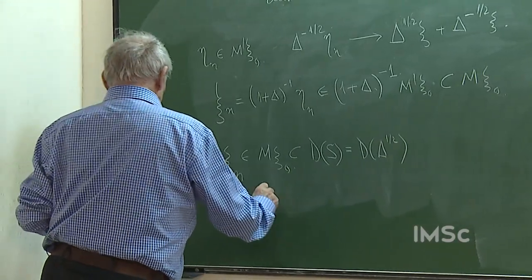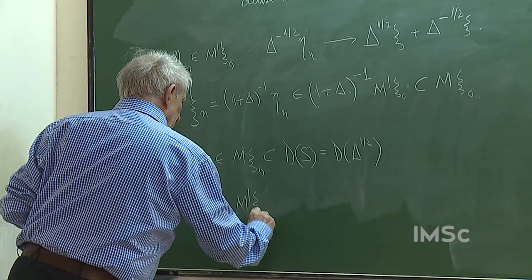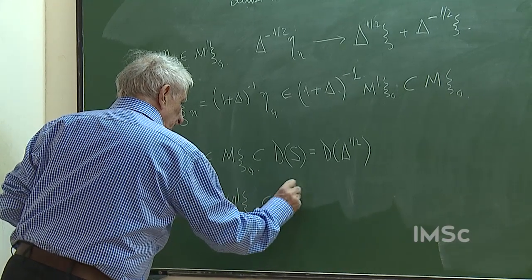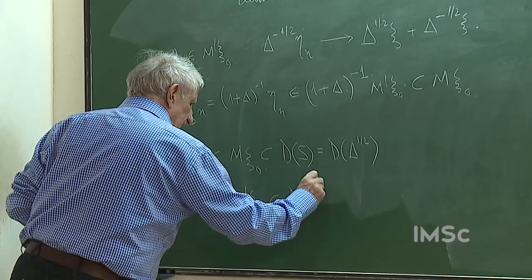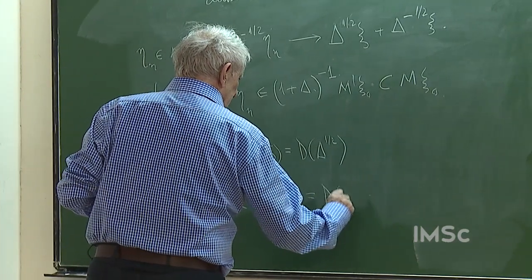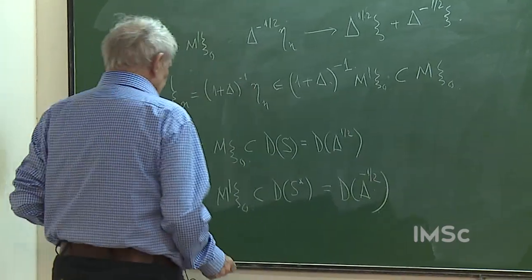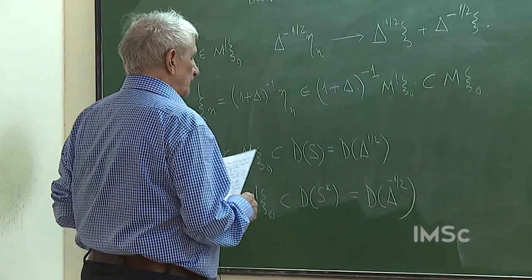And on the other hand, M prime psi naught is included in the domain of S star, which is the domain of delta power minus 1/2. That means the following thing.